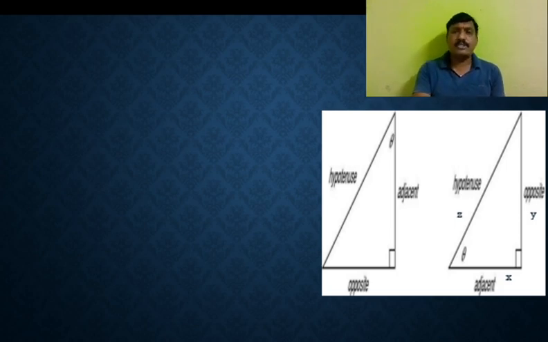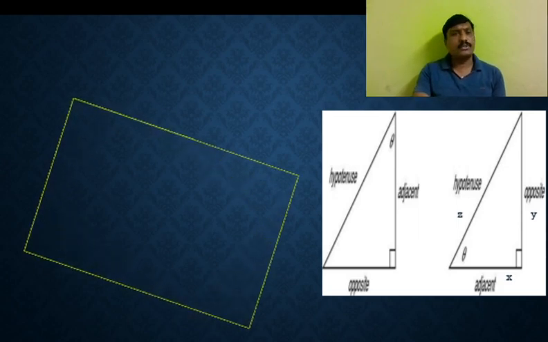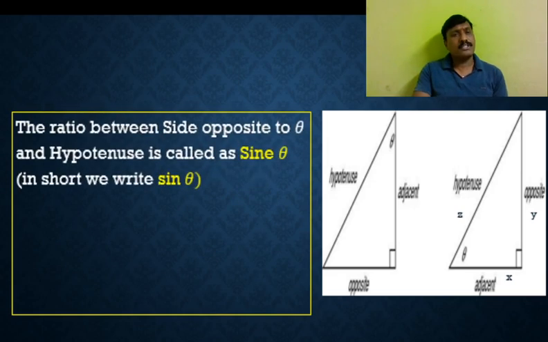Now the ratio is defined like this. You can see, children, coming to the ratio: if I take the ratio between the side opposite to theta and the hypotenuse, for example here this is 3 and this is 5, the ratio 3 by 5 is given the name sine theta.